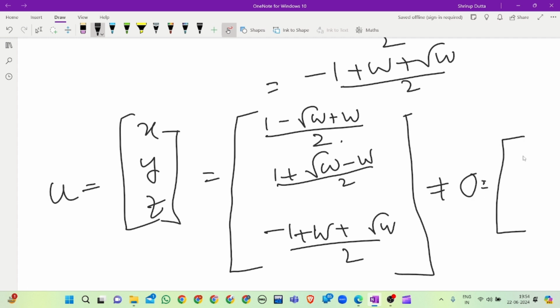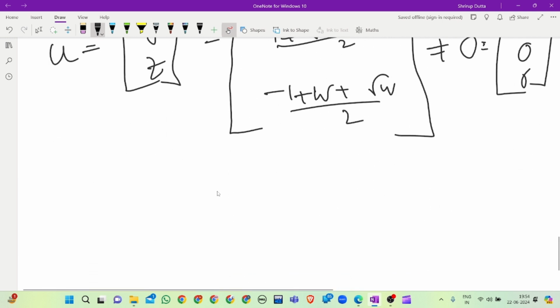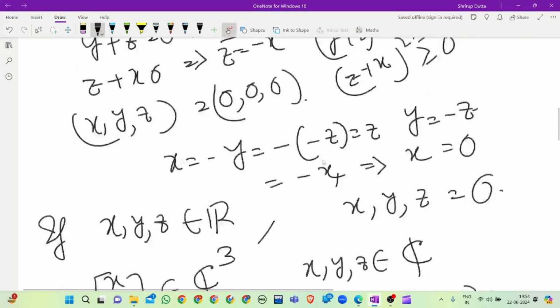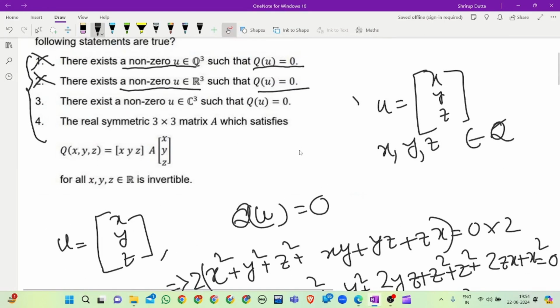Zero here represents 0, 0, 0 coming from C cross C, and this is a non-zero vector, and it satisfies q of u equals 0. So option 3 is true. So there exists a non-zero vector u coming from C cross C such that q of u equals 0. So we have to check option 4.